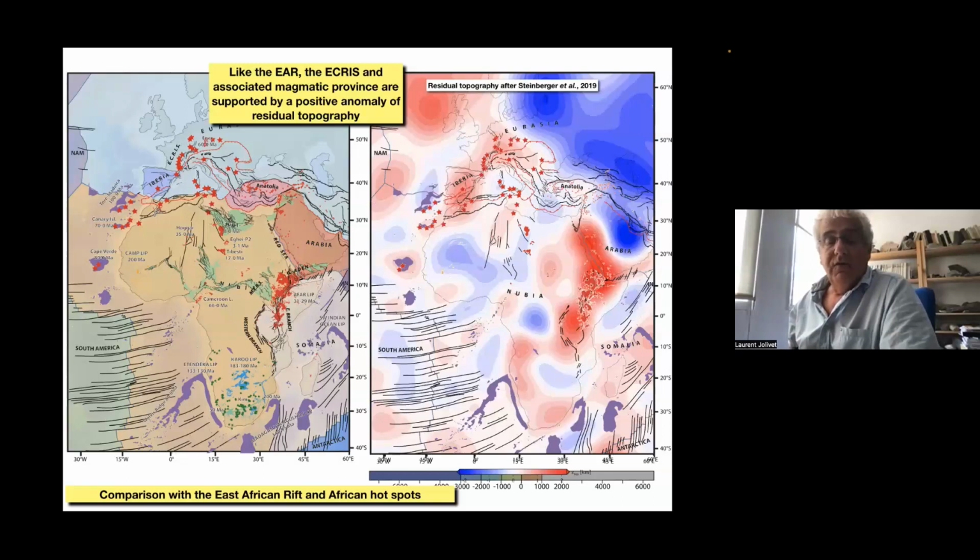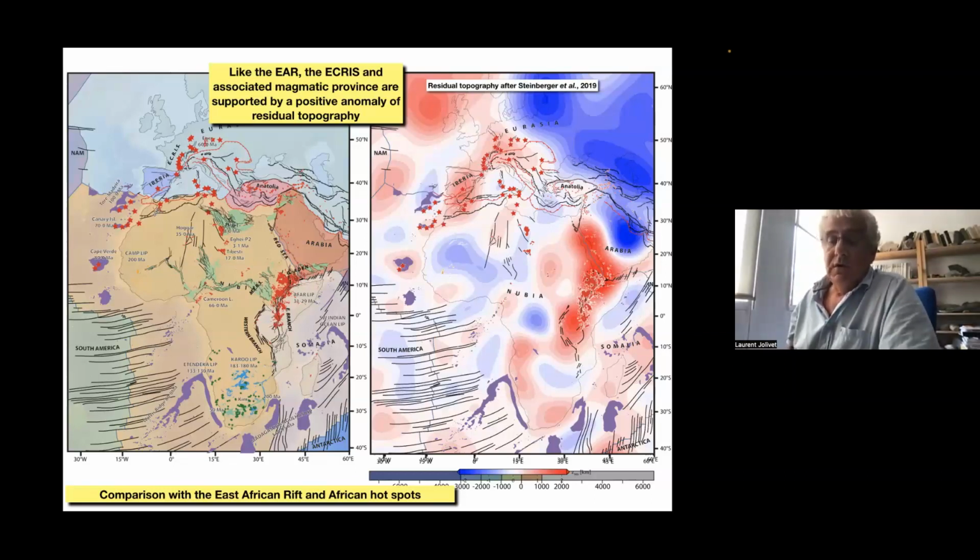One of the important observations is that these magmatic provinces and the rifts associated with them are parallel to positive anomalies of residual topography here. Here you have the residual topography after the model of Bernhard Steinberger and others.